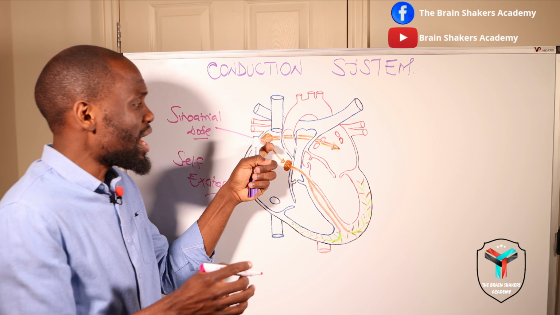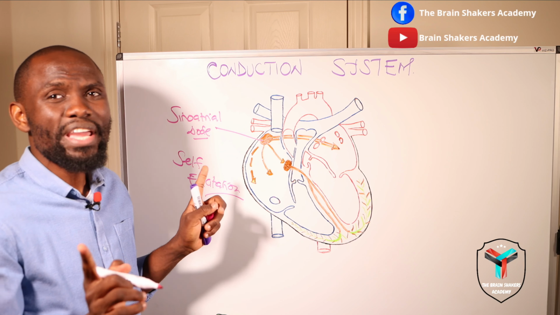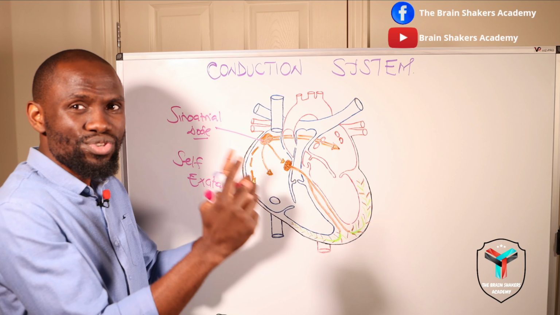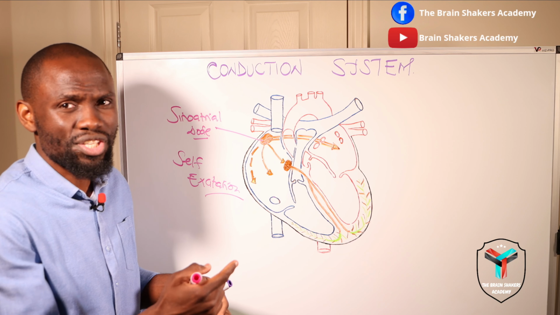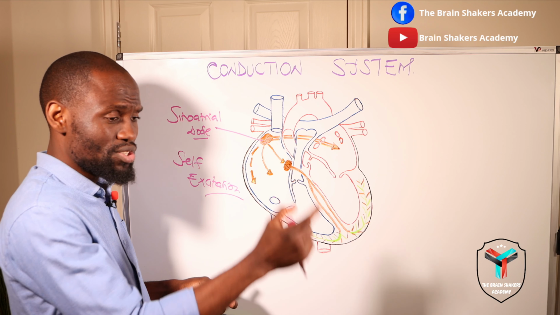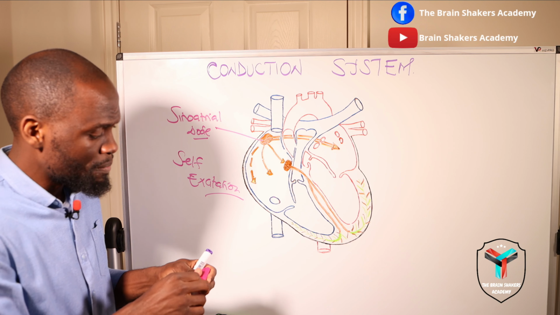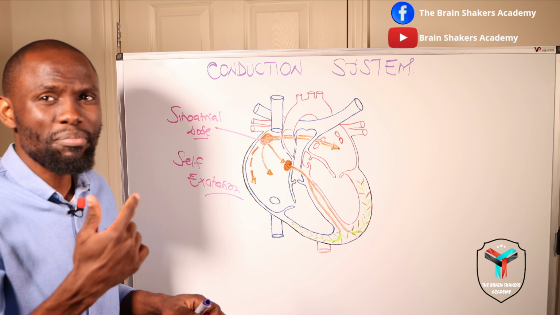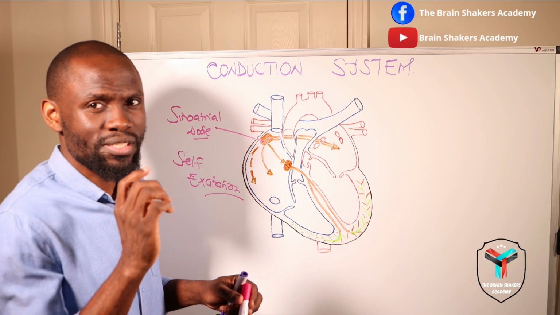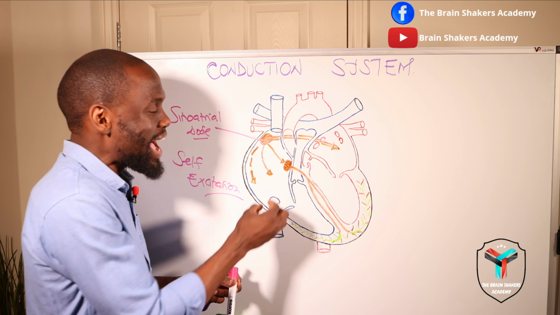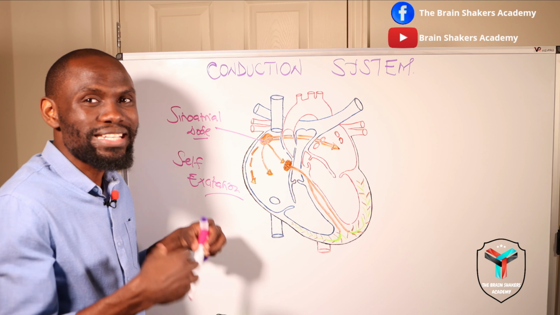So the sinoatrial node doesn't have to wait for innervation from anywhere for it to be able to start or generate that action potential. The heart still is controlled and is still given innervation from the central nervous system through the parasympathetic and the sympathetic nervous system, but the sinoatrial node has the capacity to excite itself.